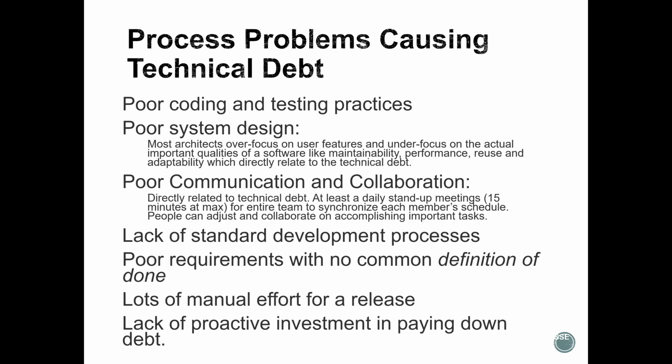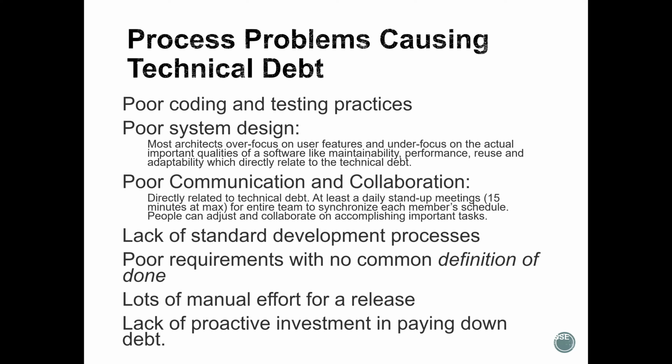And yes, poor system design is also another factor, because most architects over-focus on user features and under-focus on the actual important qualities of software, which are maintainability, performance, reuse, and adaptability, which are directly related to technical debt.